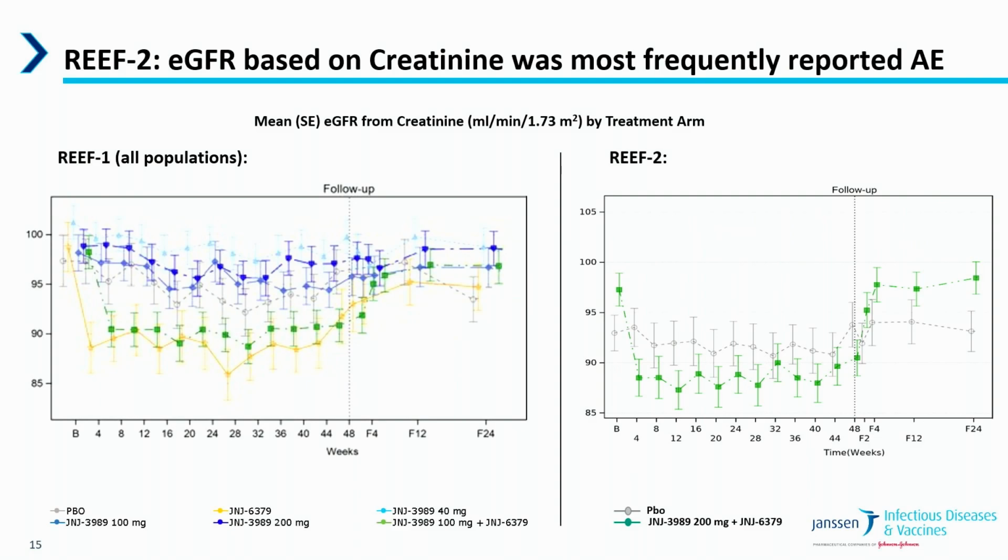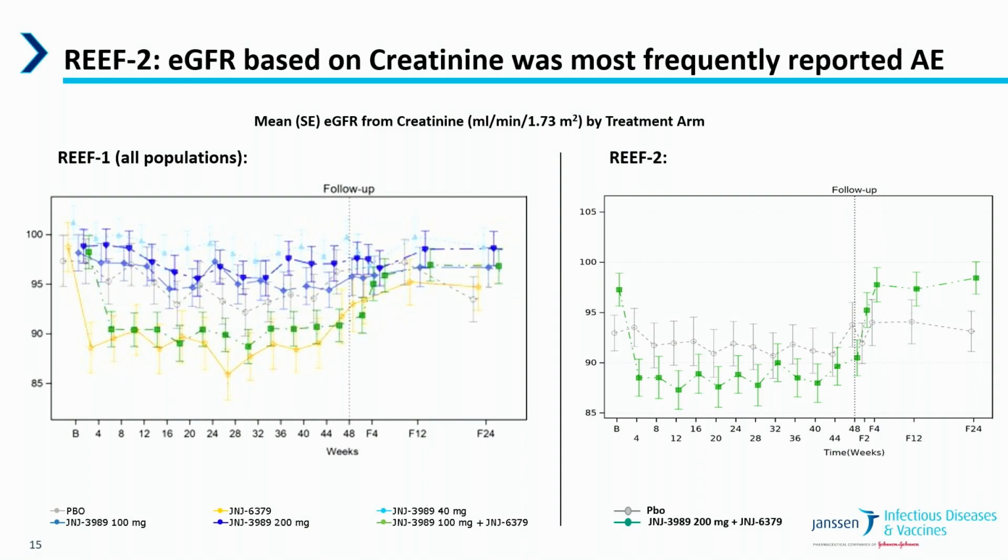And before I close with 12 seconds left, I also wanted to show quickly lines for EGFR on treatment and off treatment, which was kind of puzzling us. We had a strong reduction of EGFR in both arms in Reef-1 that contained 6379, with a very stable reduction on treatment and a very fast increase after end of treatment.